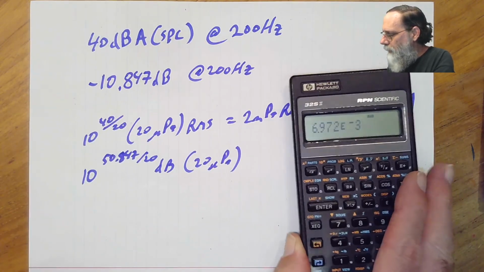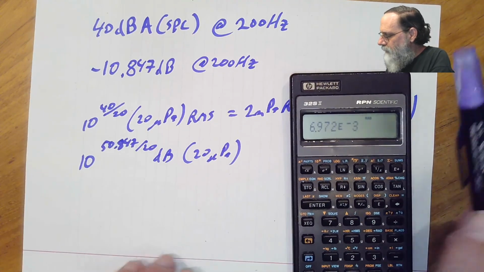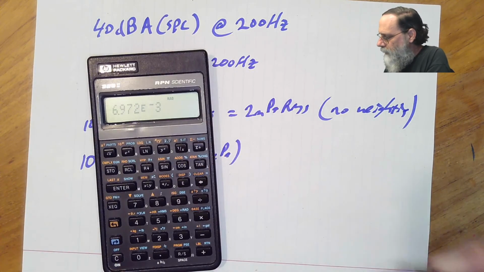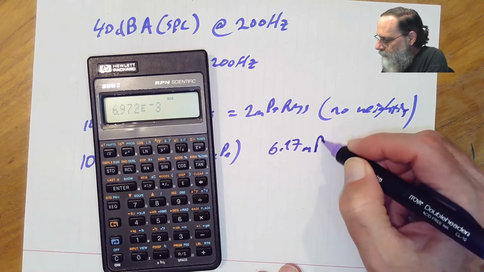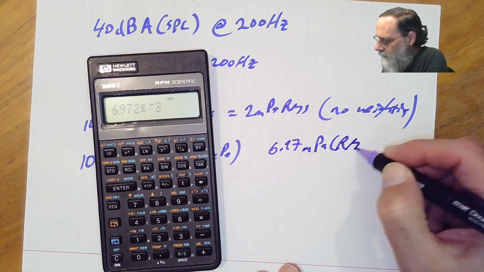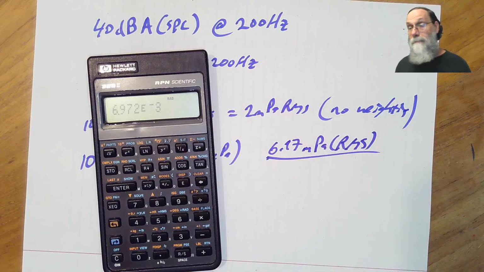So we've got about 6.97 millipascals RMS. And that's the pressure variation we've got. But I just looked back to see what the working example asked for. It asked for the amplitude. It didn't ask for the RMS value, it asked for the amplitude.